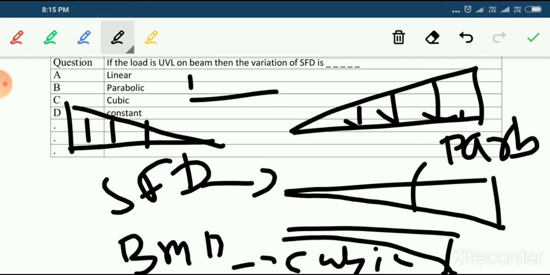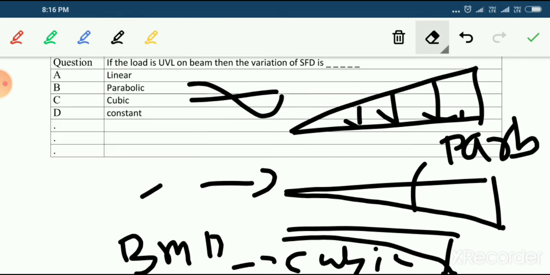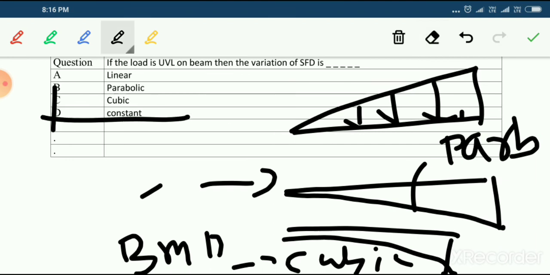Sometimes the diagram will come like that also, depending on the loading. For SFD you will get like that. Again here it is parabolic.